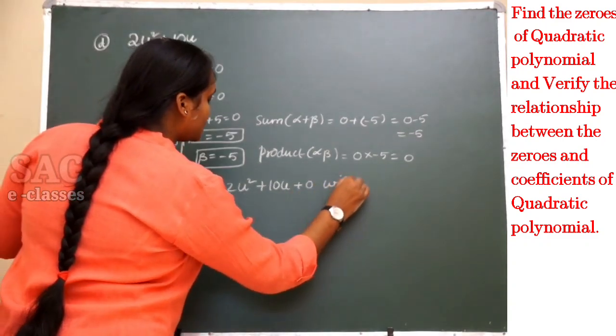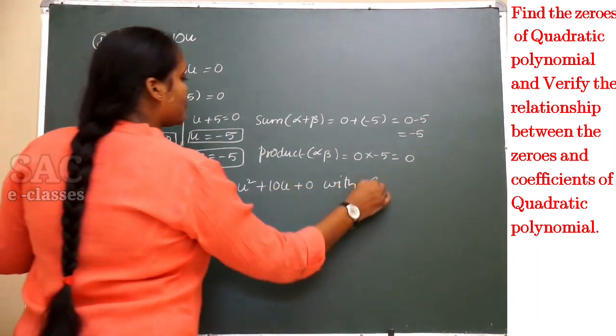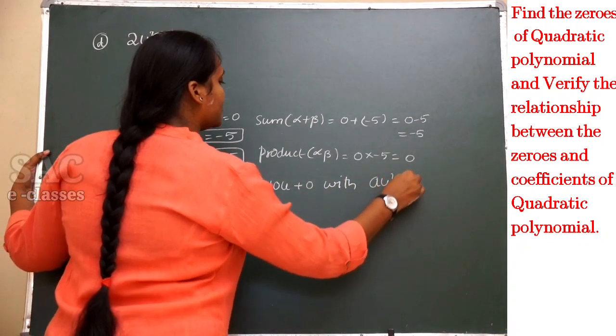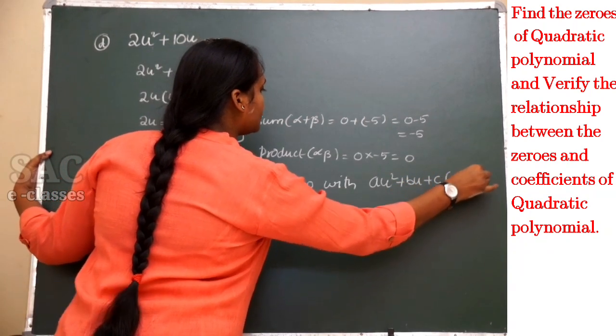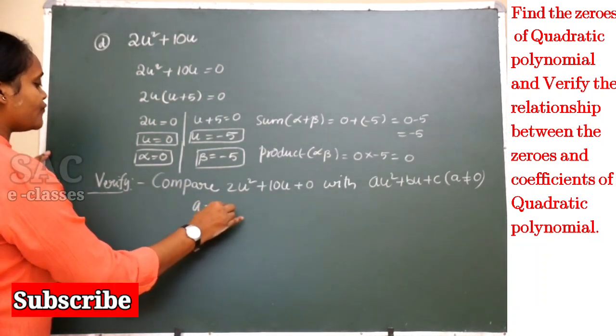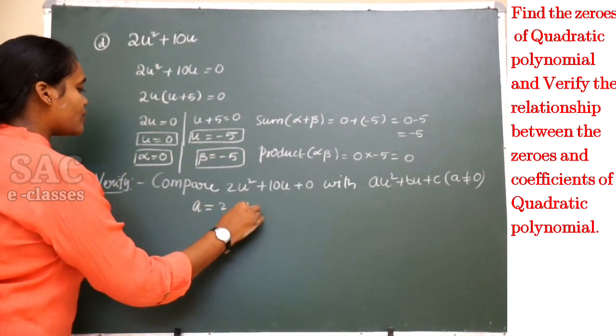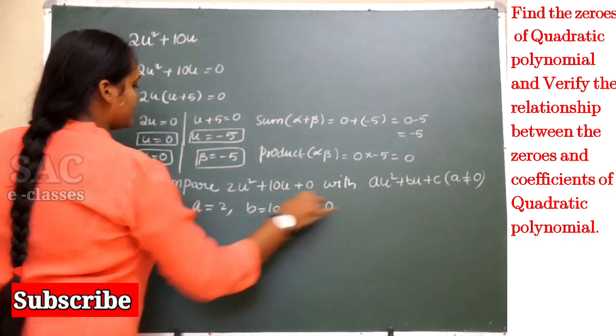Can you say what is the general form of a quadratic polynomial? au square plus bu plus c, where a is not equal to 0. Clearly, the u square coefficient a is 2, the linear coefficient b is 10, and the constant is 0.